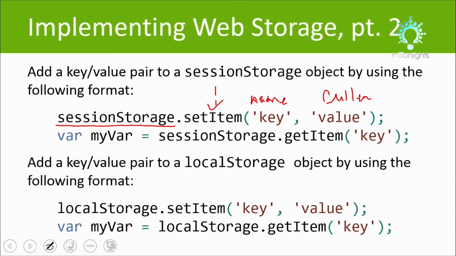If you wanted to access that item, you would just use getItem with the key, and then you can store it in a variable on the left there, myvar. Similarly, with local storage, you perform the same exact functions, setItem and also getItem with the key. That's going to allow you to set that data and then also get that data later.